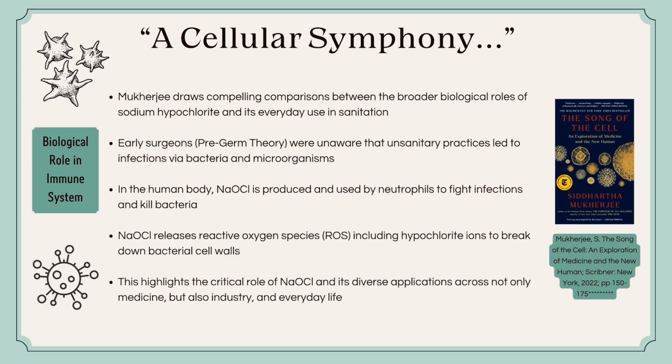And when these neutrophils release this sodium hypochlorite, it actually releases reactive oxidant species, as he mentions, ROS. So like hypochlorite ions, these help break down bacterial cell walls. We kind of talked about that a little bit with the other articles. This is actually a really important part of how it is as effective as it is.